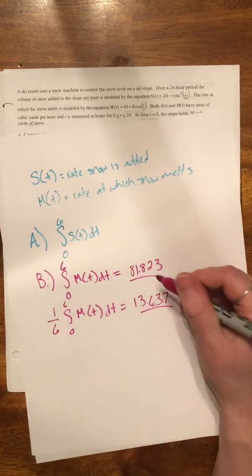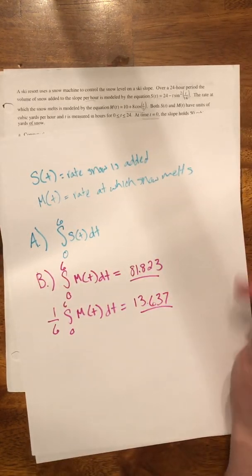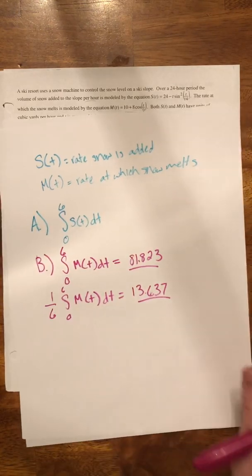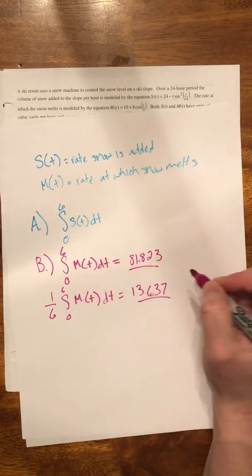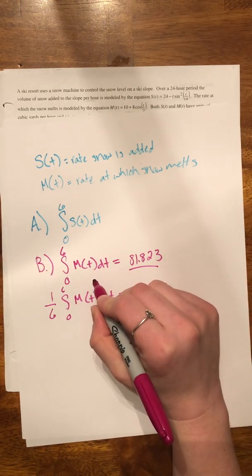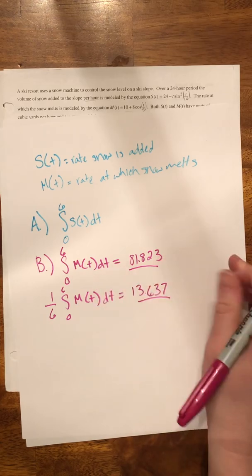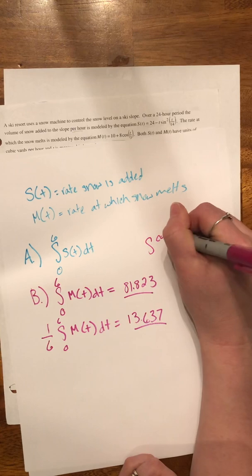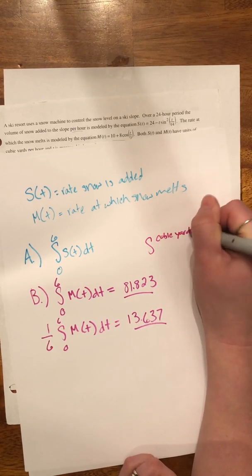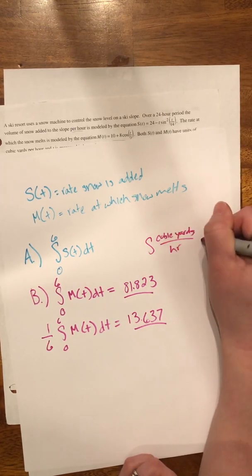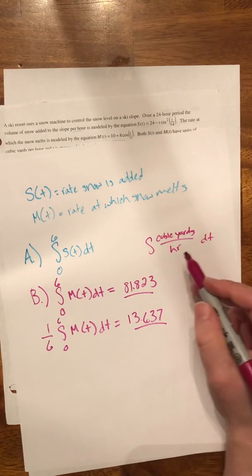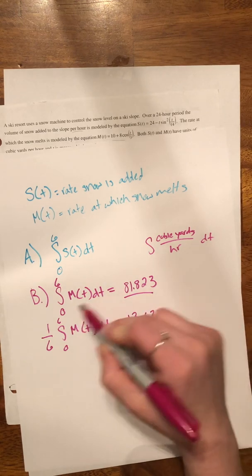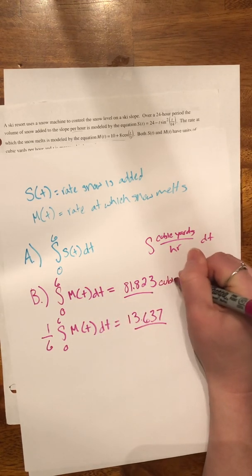Okay, so your calculator is going to tell you this much. You need to figure out what is the meaning of this in this problem. So using correct units of measure, explain what each represents. In the first one, if this was the rate that snow melts, and it says that it's melting in cubic yards per hour, if I integrate cubic yards per hour dt, when I take the antiderivative, like I'm doing right here, I'm just going to get back to cubic yards.